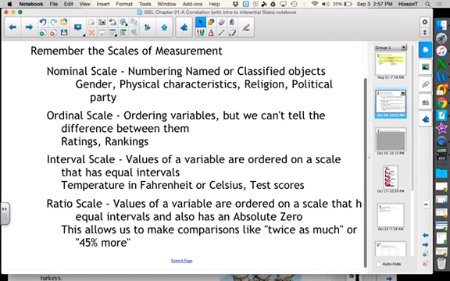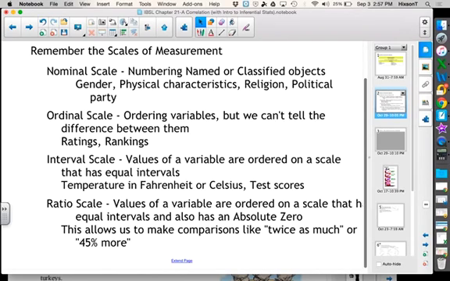I don't understand how does having an absolute 0 allow you to say that it's twice as much? Well, for example, let's use the example of a test. Your grade on a test versus the number of points earned on a test.